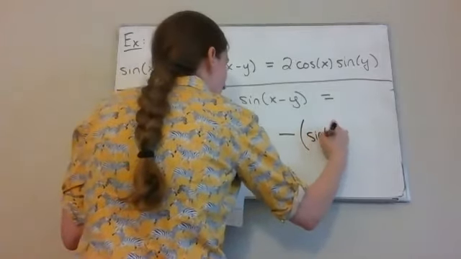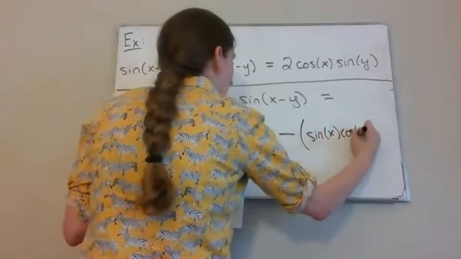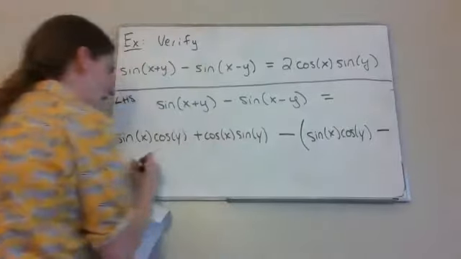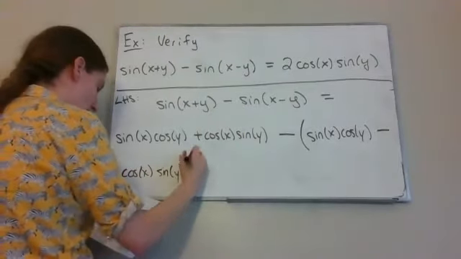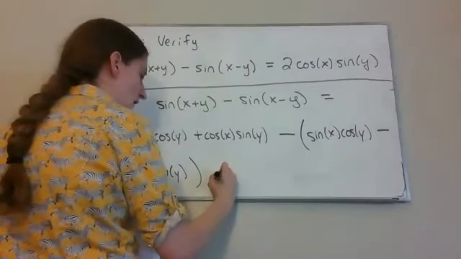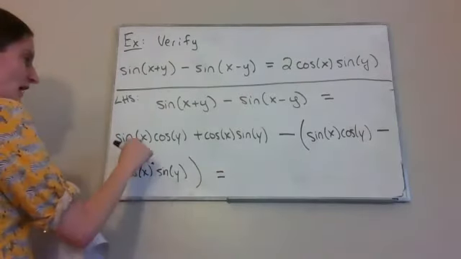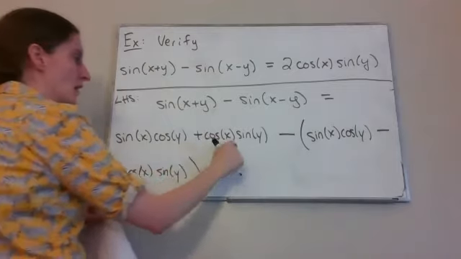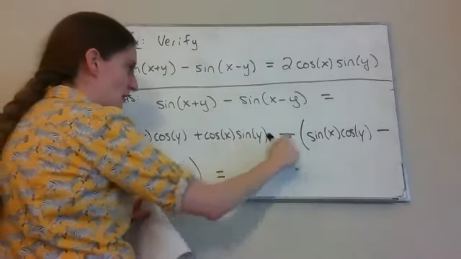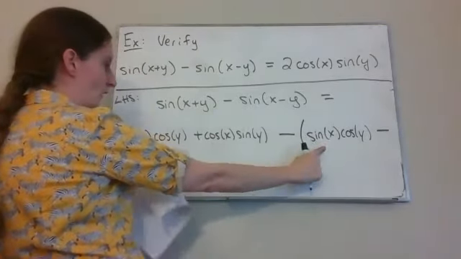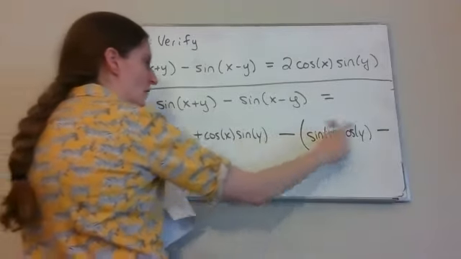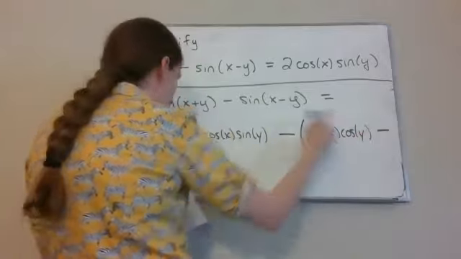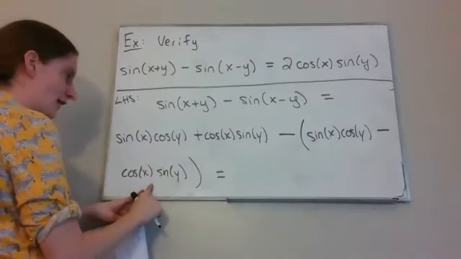That is sine x cosine y minus cosine x sine y. And so now I would have sine x cosine y plus cosine x sine y minus sine x cosine y, so that cancels out that first term, and then minus a negative, so plus cosine x sine y.